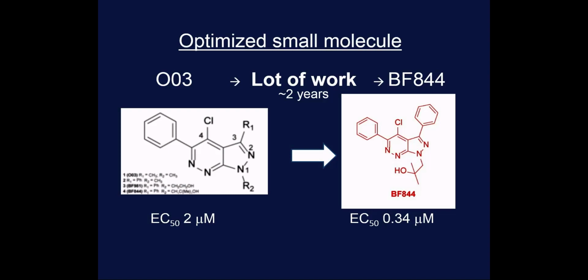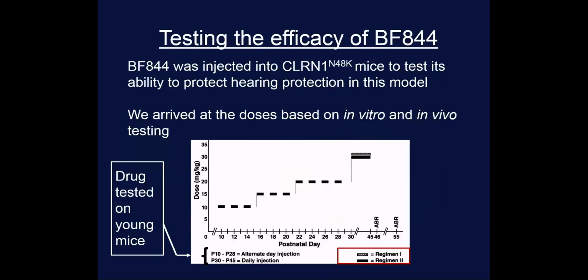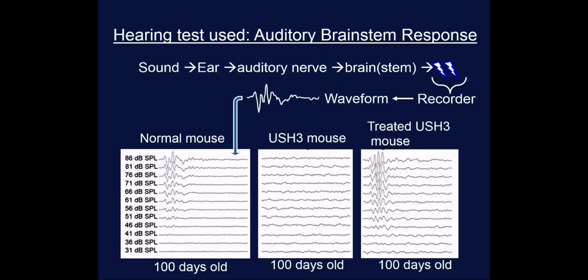So we have now, at this point in our work, obtained a small molecule that is able to stabilize the N48K mutant protein. The next big question is whether this small molecule can preserve hearing in the mouse model with the N48K mutation.